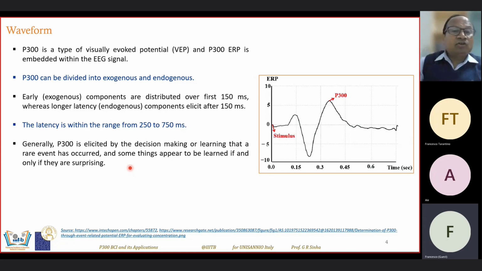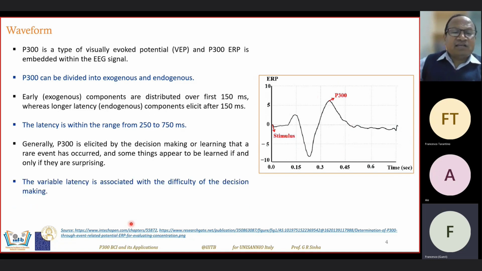But a person or some image or picture which we see very suddenly causes a sudden, surprising impact. Some things appear to be learned if and only if they are surprising. So whenever there is a surprising, astonishing factor, it causes a sudden reaction called the P300 peak. And this is the fundamental basis of P300 BCI.